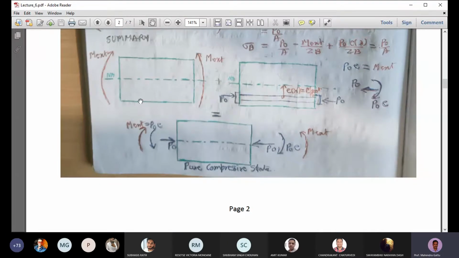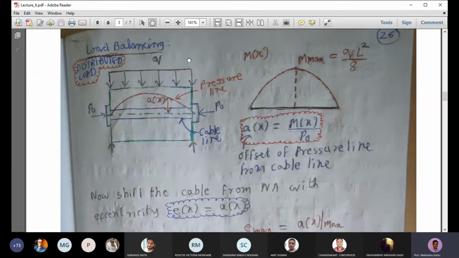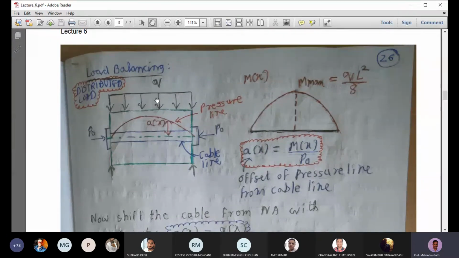Yeah, so we can look at other loading scenarios. Here we had a constant bending moment across the cross section. We can look at a distributed load acting on the beam. So the distributed load is uniform, and that uniform load is Q. So you can say Q Newton per meter or Q kilonewton per meter, etc. Because this is a simply supported beam, we have the bending moment like this.